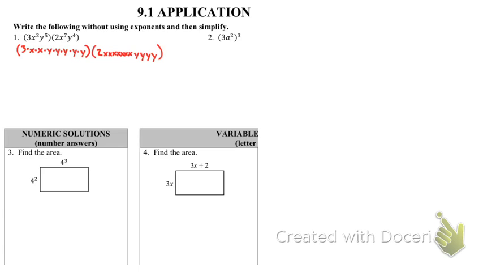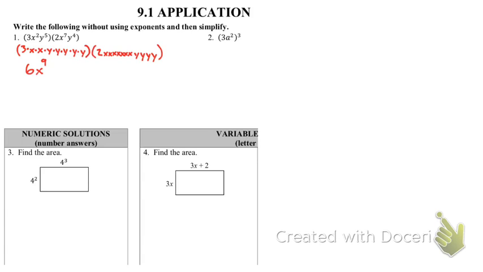To simplify, 3 times 2, we multiply the whole numbers, that gives us 6. Now we're just going to count the x's. How many total x's do we have? 1, 2, and then 7 more. So basically 2 plus 7, that's going to be x to the 9th power.